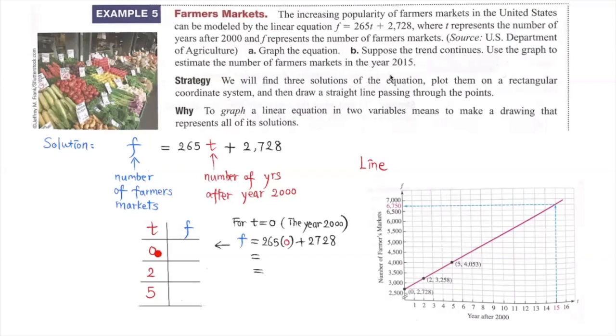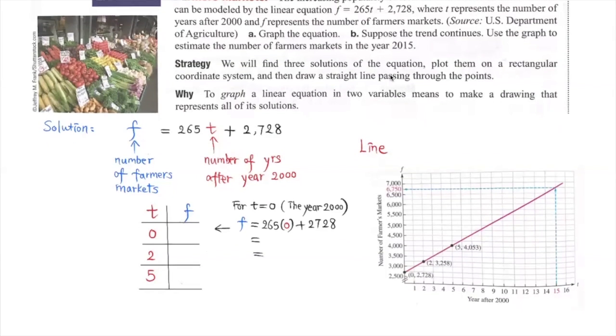So let's pick 2 points and maybe a third point as a check. I'm going to choose T to be 0, 2, and 5. For T equal to 0, which is the year 2000, 0 years after 2000, substitute 0 into T and we get 2,728. So the number of farmers markets will be 2,728 in the year 2000.